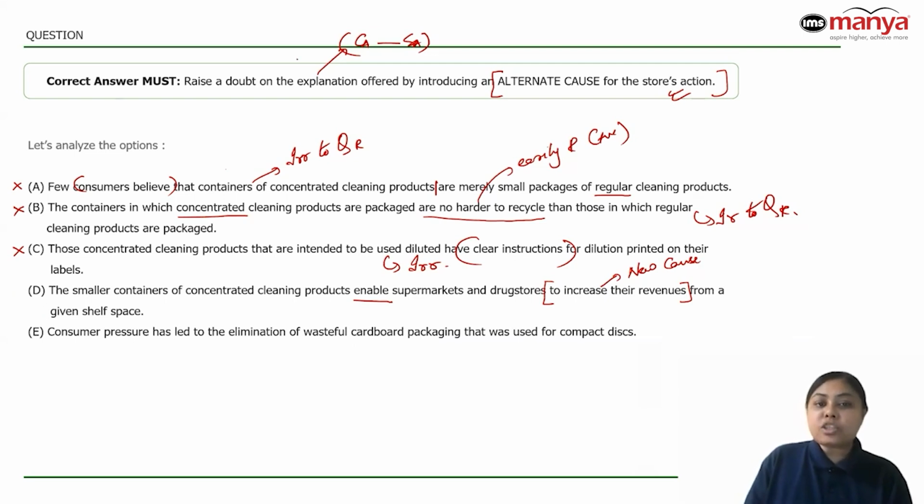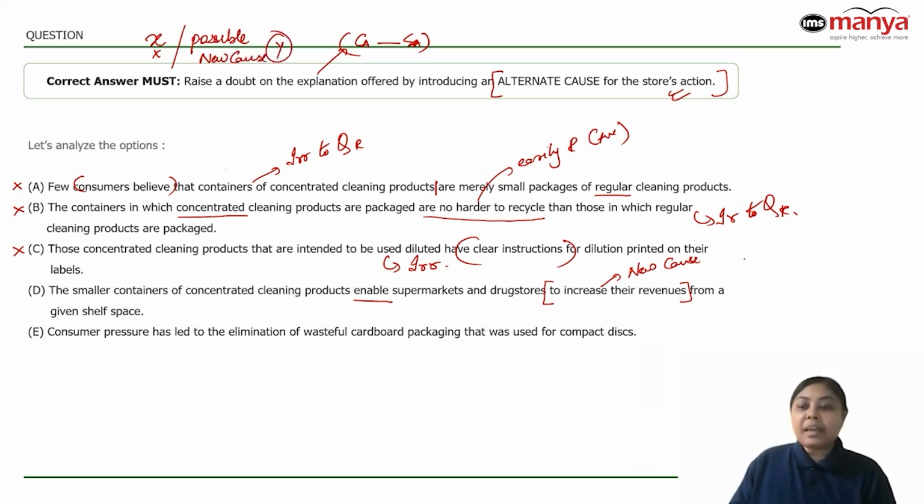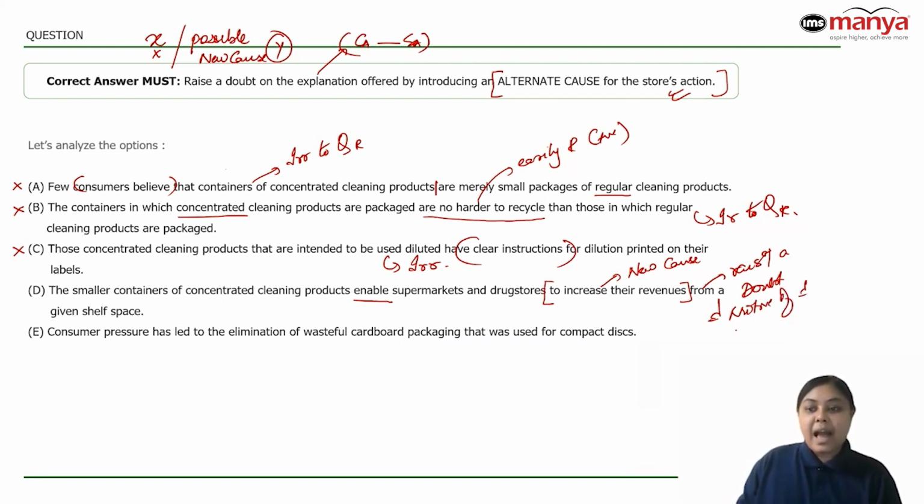Very important, it does not tell me that consumer awareness is not the cause, but it gives me a possible new cause. Now, the introduction of a new cause is raising a doubt on what? The motive of the store. And if it is raising a doubt on the motive of the store, it is actually doubting the explanation that is being offered by the paragraph.